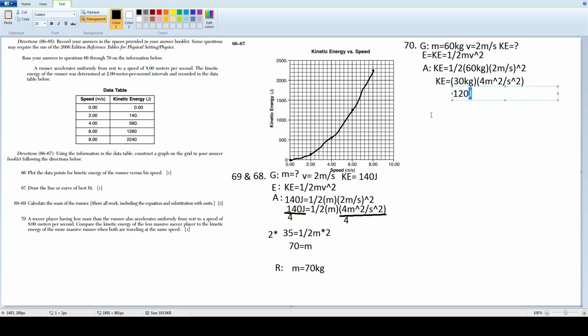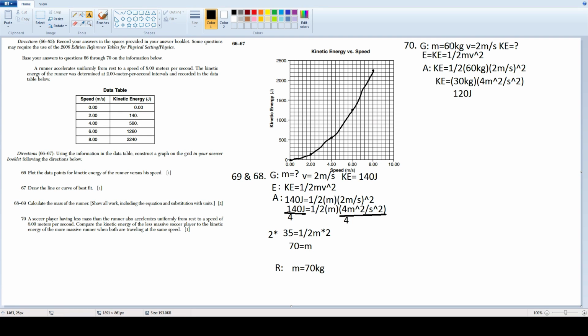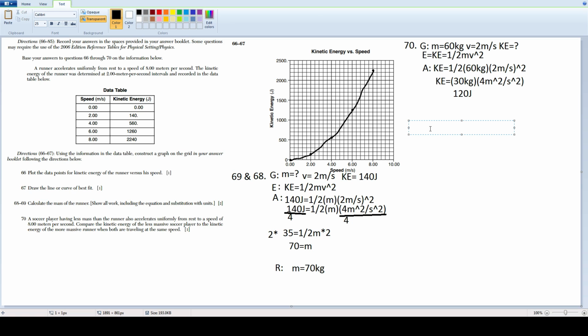unit for kinetic energy. So we find that if the runner had a lower mass of 60 kilograms instead of 70 kilograms, the lesser mass runner or soccer player will have less kinetic energy than the higher mass runner.